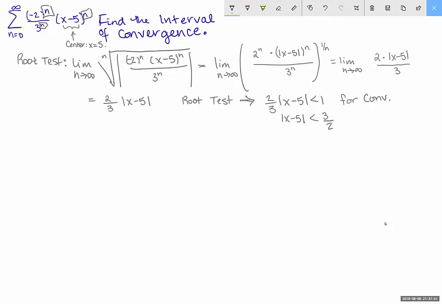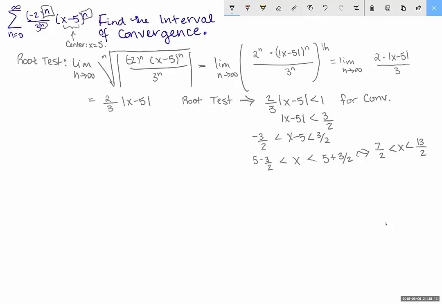Then if the absolute value of x minus 5 is less than 3 halves, that means x minus 5 is between positive 3 halves and negative 3 halves. And now I'm going to add 5 to both expressions. 5 minus 3 halves less than x less than 5 plus 3 halves. And if we want to rewrite it as a single fraction, 7 halves is less than x, which is less than 13 halves.